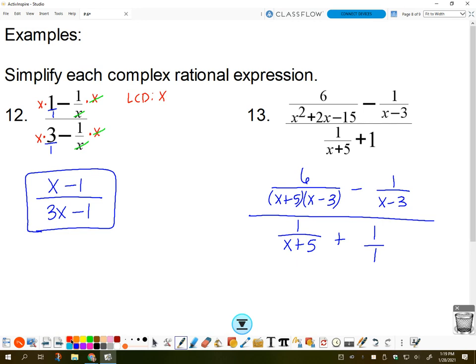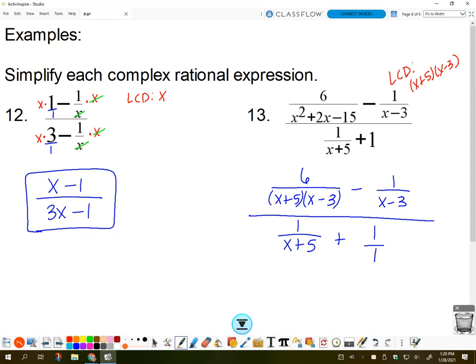All right, so find an LCD. So the LCD for this problem, you have x plus 5, x minus 3 in one denominator. Here you have an x minus 3, that's already there. Here you have an x plus 5, that's already there, and a 1, which is understood to already be there.